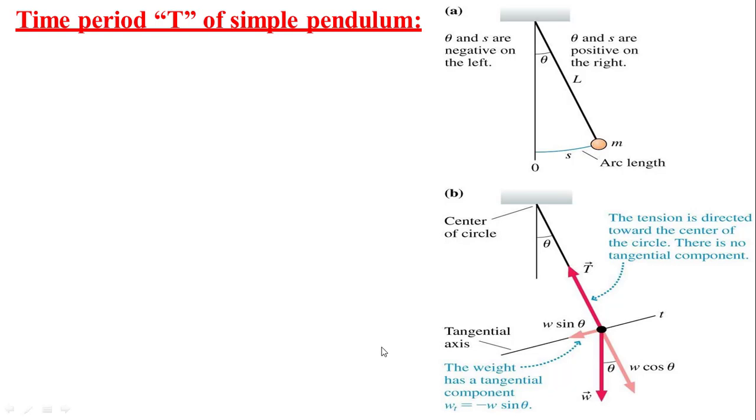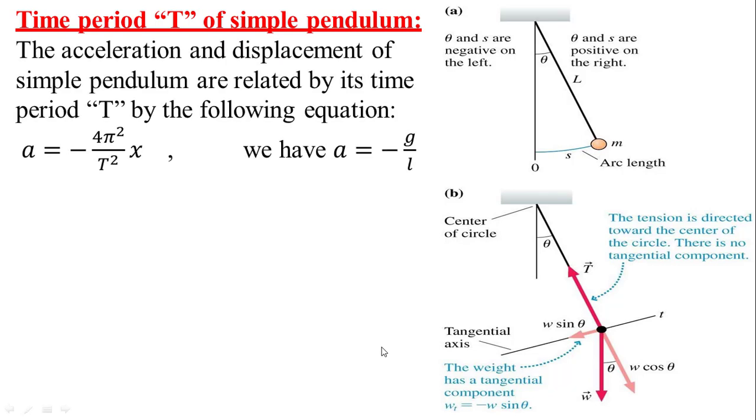Write this formula. The acceleration and displacement in a simple pendulum are related by its time period T by the following equation: a is equal to minus 4 pi squared upon T squared times x, where x is the displacement. And we have a is equal to minus g over L times x.